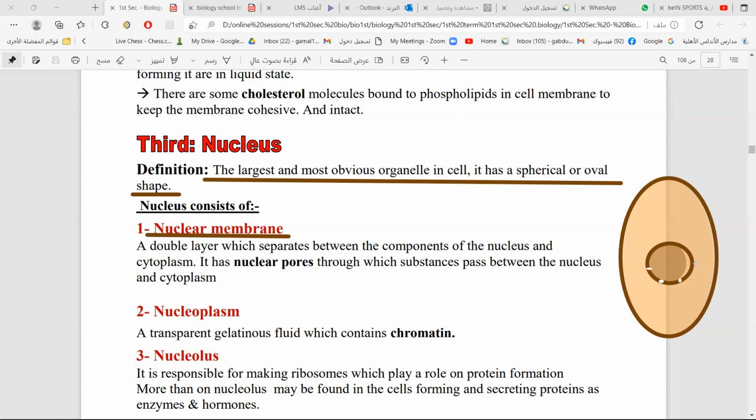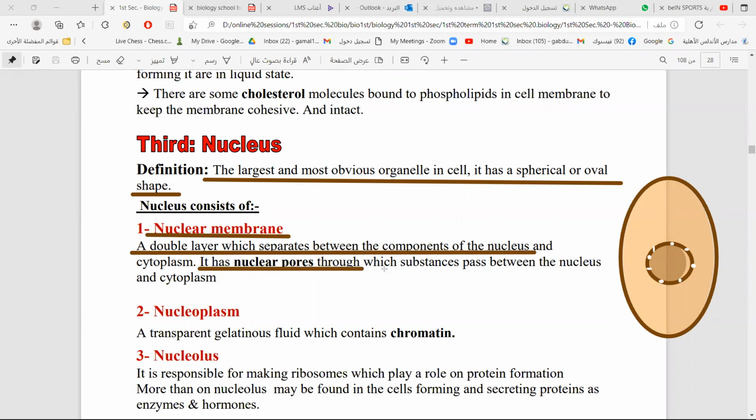It has some holes or pores to allow the passage of substances inside and outside the nucleus. For example, the RNA is made inside the nucleus, and it can pass through the pores outside the nucleus. So the nuclear membrane is a double layer which separates the components of the nucleus and the cytoplasm.